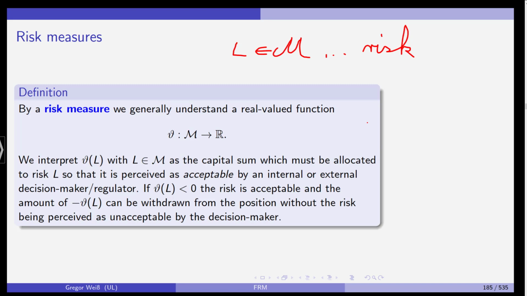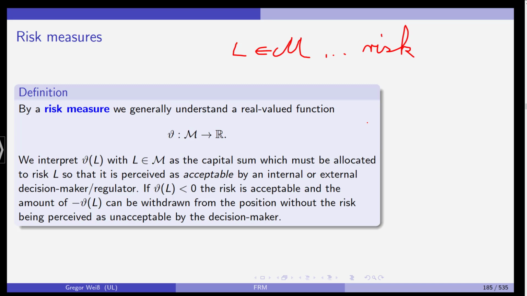And we interpret mu of L as the required capital sum which must be allocated to L to make L acceptable to some kind of internal or external regulator or decision maker. If the risk capital sum mu of L is smaller than 0, the risk is acceptable and you can actually take money out without making the risk unacceptable.